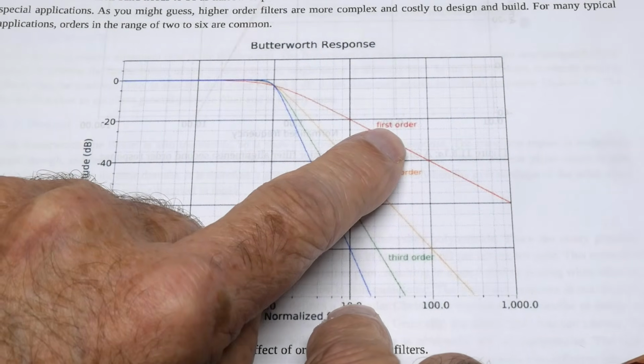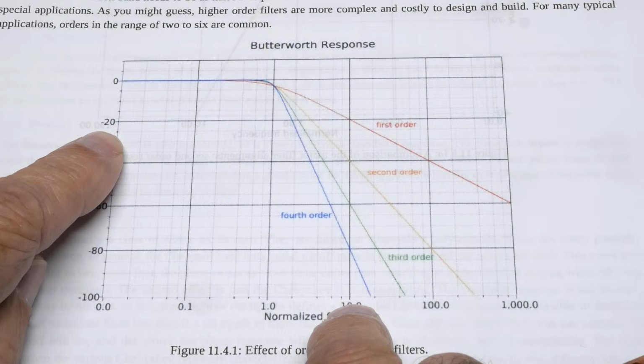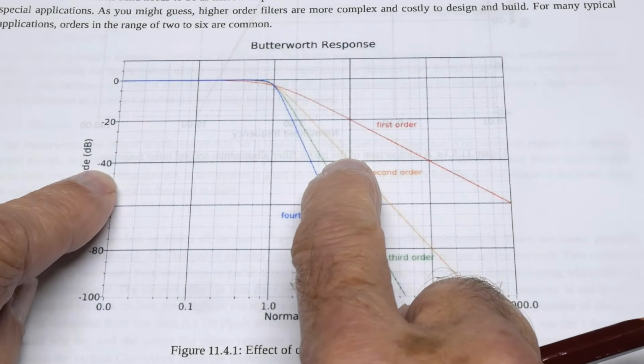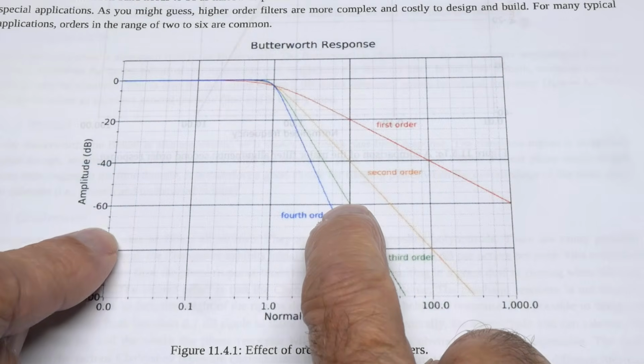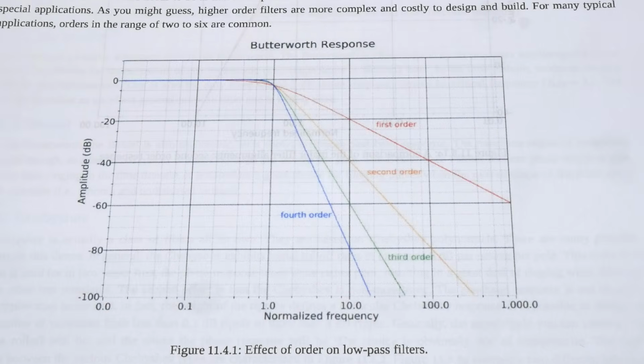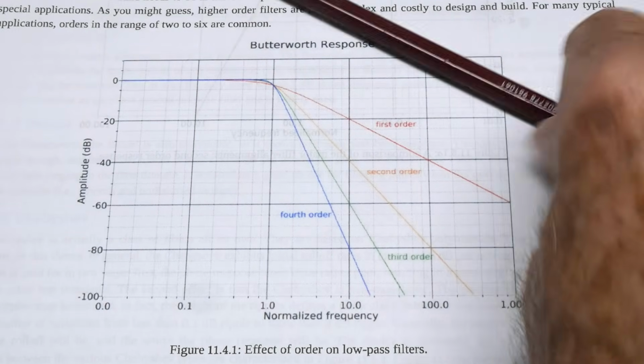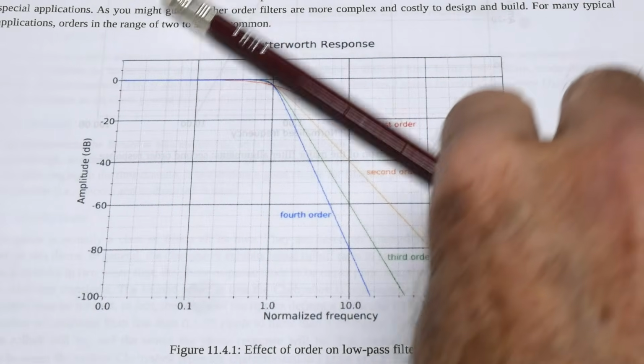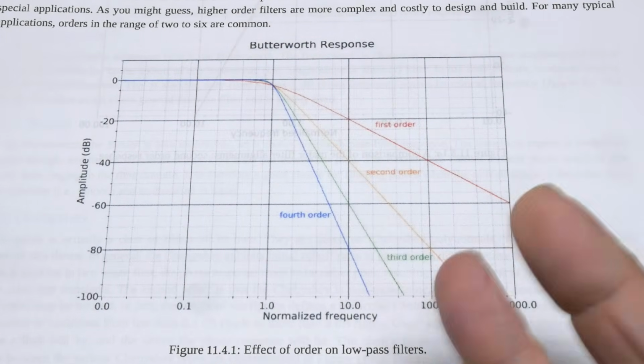With a first order filter, it's minus 20 dB. With a second order filter, it's minus 40 dB, then it's minus 60 dB, then it's minus 80 dB. And so that's one measurement of filters: how steep this thing is in dB per decade.